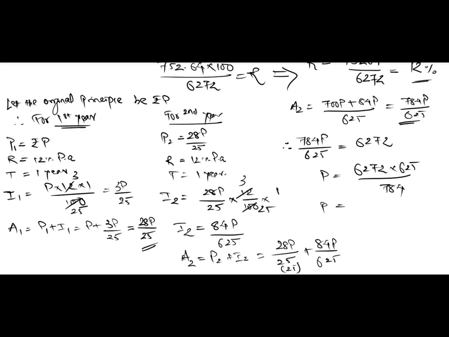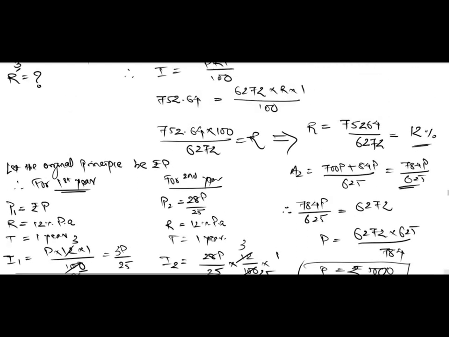So let me calculate. 6272 multiplied by 625, okay, divide by 784. That gives you rupees 5,000. Okay, rupees 5,000 is your original principal, which you can write in a statement.